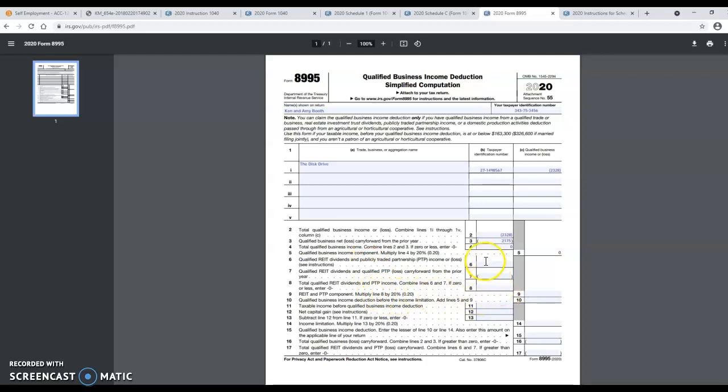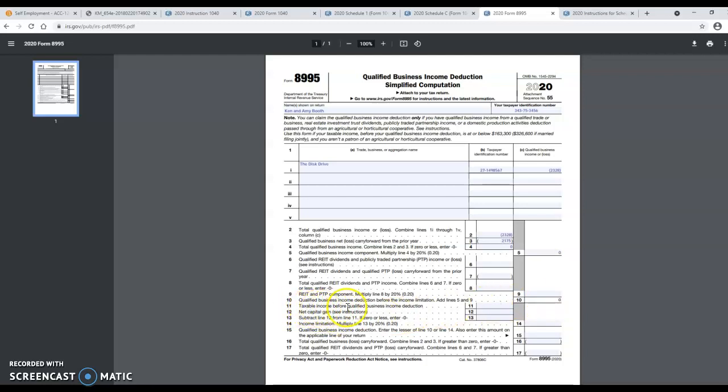Line 6 through 9, I have told you in past YouTubes not to worry about that. Line 10 is qualified business income deduction before the income line limitation. Add lines 5 and 9. Okay, so that is 0.